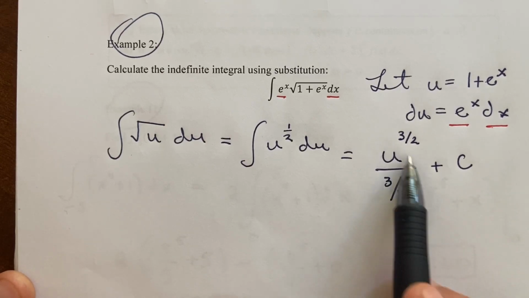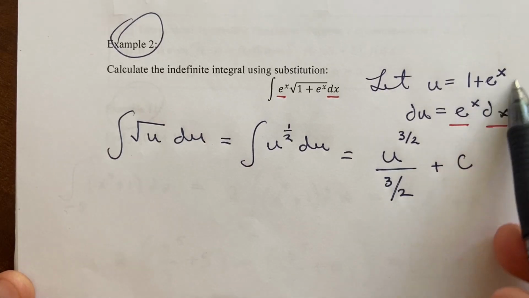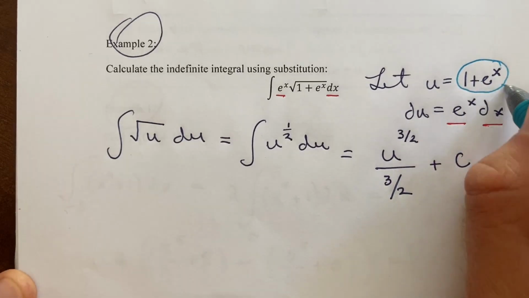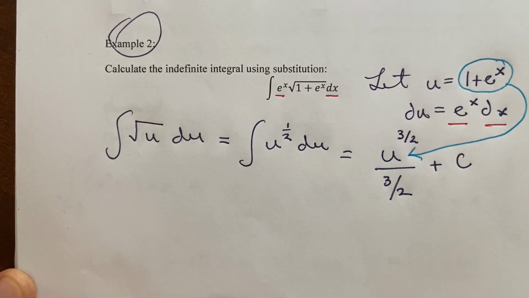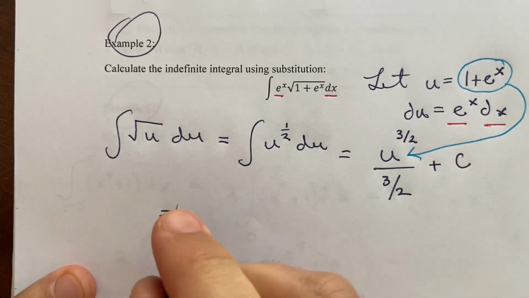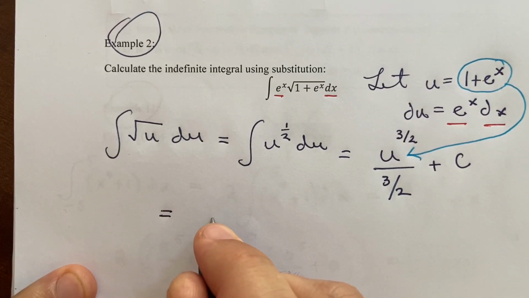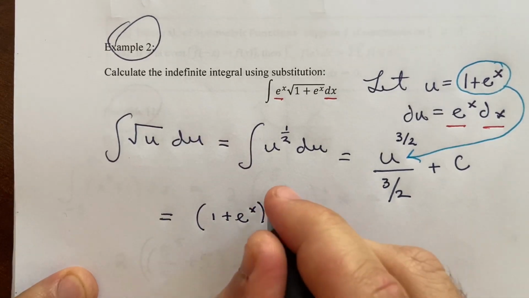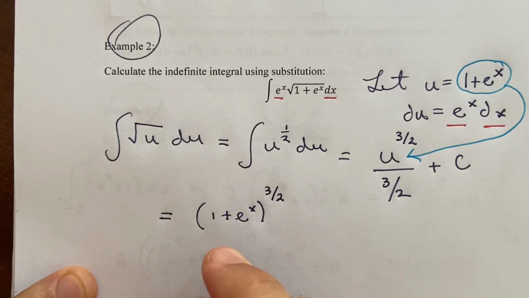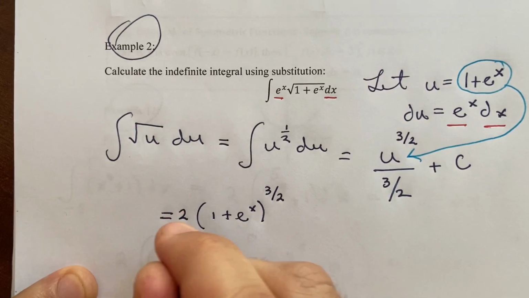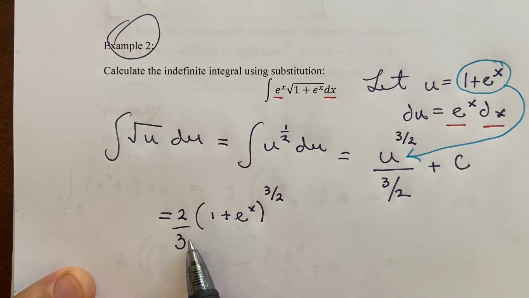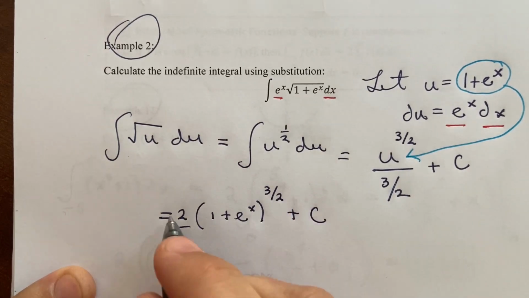That question didn't ask anything about the variable u, it asked about x, so I'm now replacing that. So I'm going to take this and plug it in there. So this would equal 1 plus e to the x raised to the 3/2, I guess I'll say times 2/3, because dividing by 3/2 is the same as multiplying by 2/3, plus c.